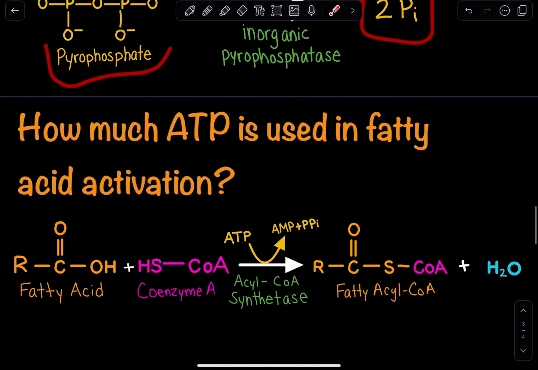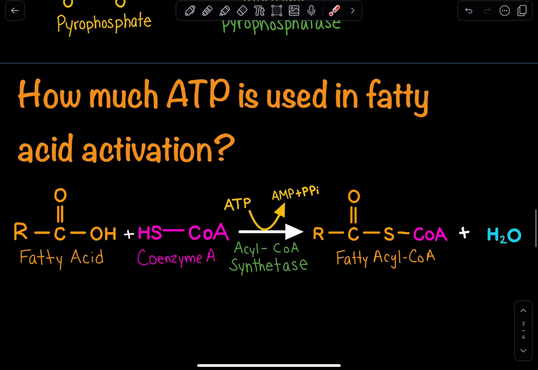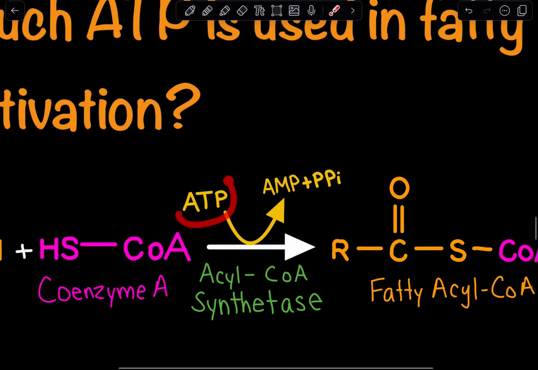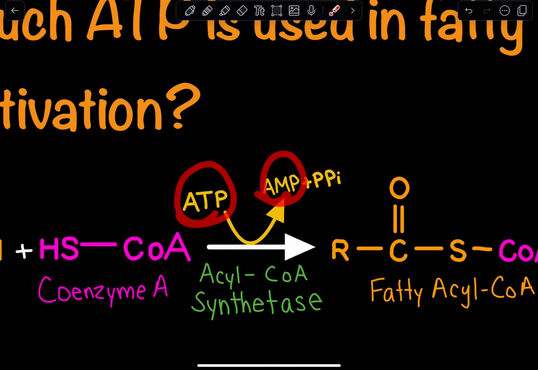An important question to ask yourself is how much ATP is used in fatty acid activation. Fatty acid activation involved going from a fatty acid, adding that coenzyme A group to get fatty acyl-CoA, where it's ready to undergo beta oxidation. And in the process, you went from ATP to AMP.